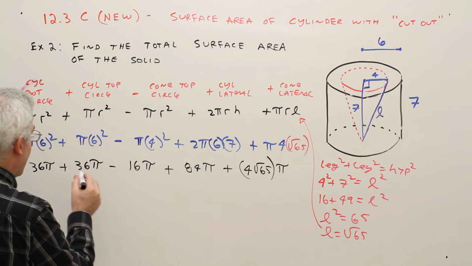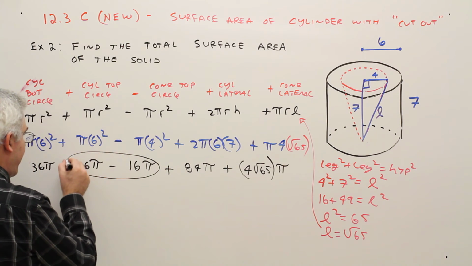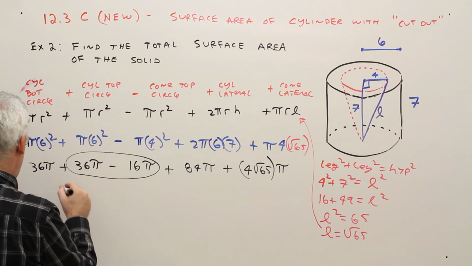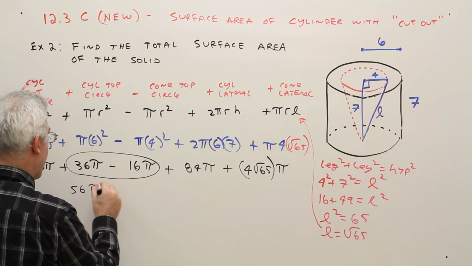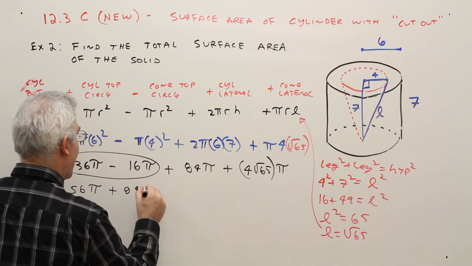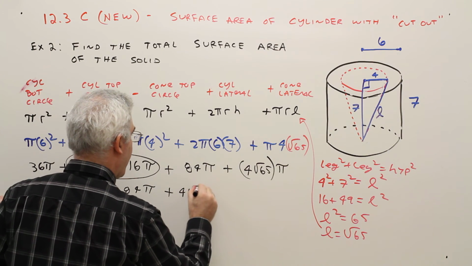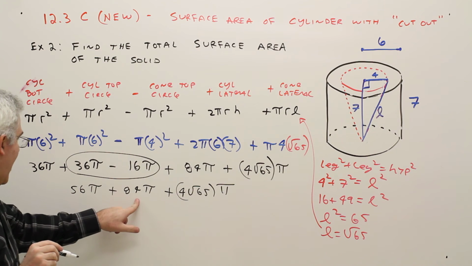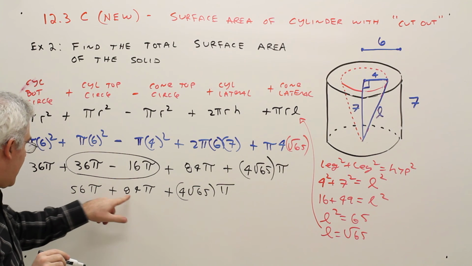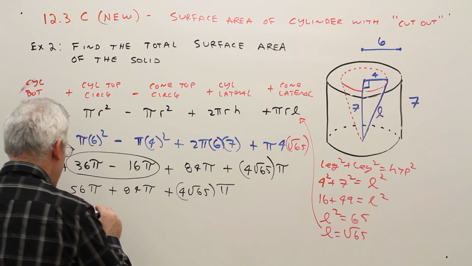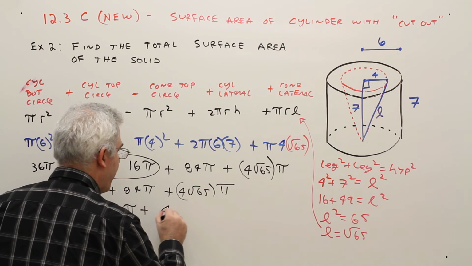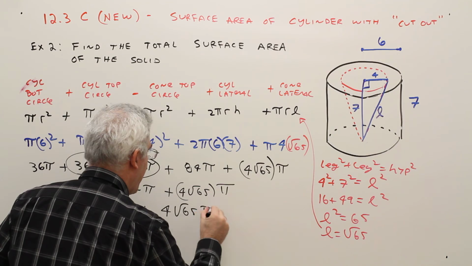I would probably deal with these first. 36 take away 16 is 20. Add that, that's 56 pi, plus 84 pi, plus 4 radical 65 pi. Add 4, get 60. Add 8, so 140 pi plus 4 rad 65 pi.